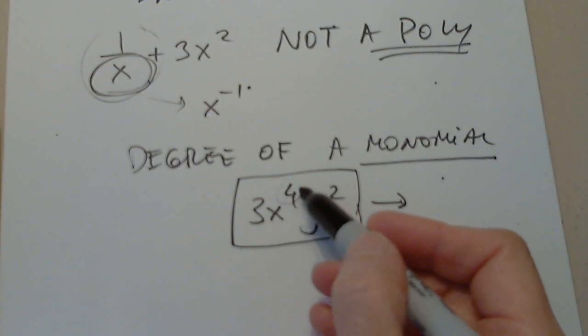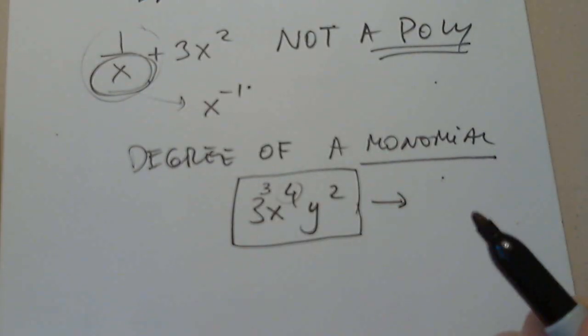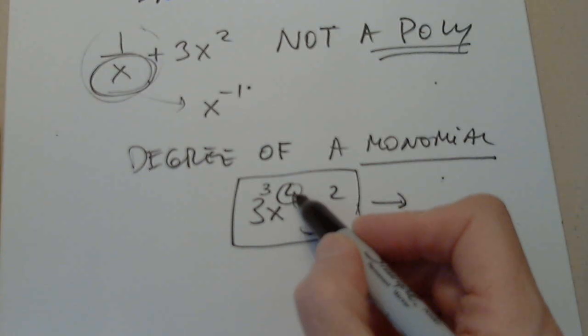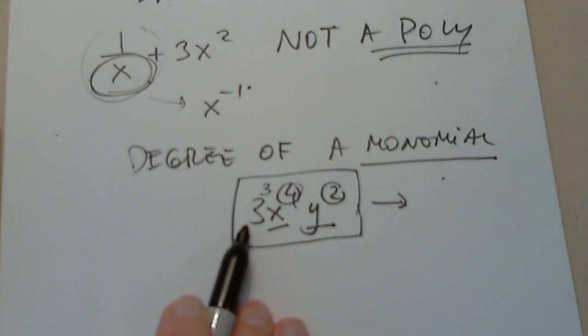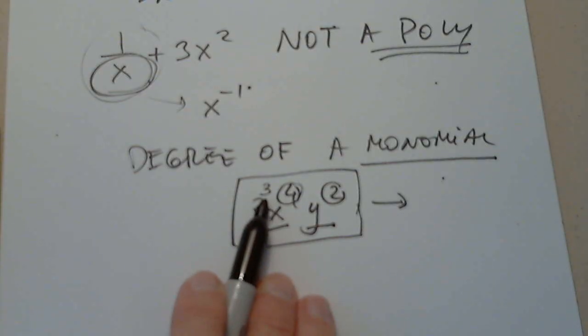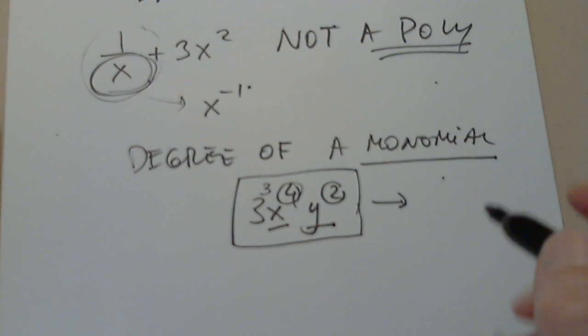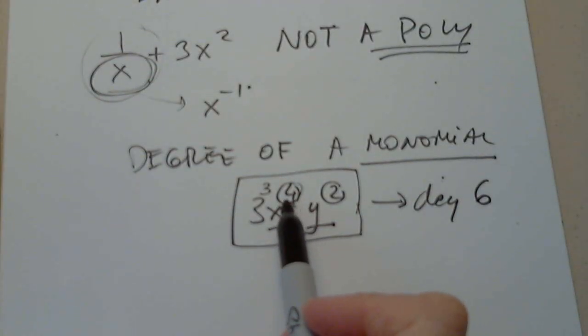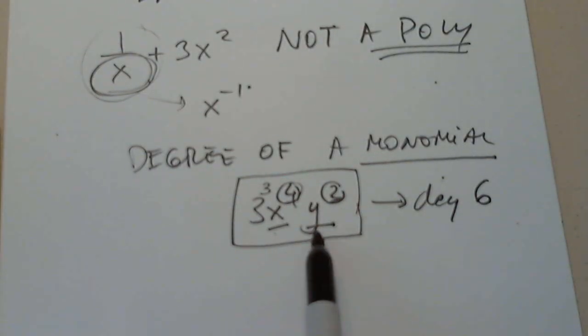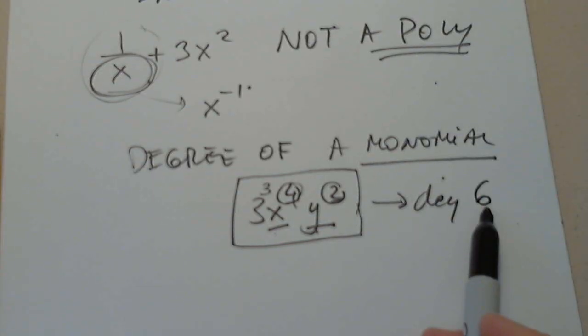I have to add only the powers of variables. I don't care what is the power of the coefficient. So this is degree 6. Why? Power 4 for x, power 2 for y, 4 plus 2 is 6.